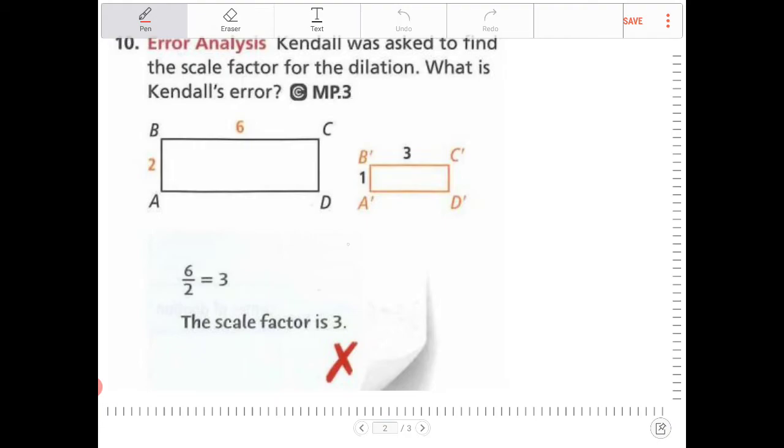We always take the image and divide by the original. So the scale factor here is going to be 1/3. Anytime the scale factor is below 1, it's going to be shrinking. Anytime the scale factor is above 1, we're going to be blowing up, getting bigger.